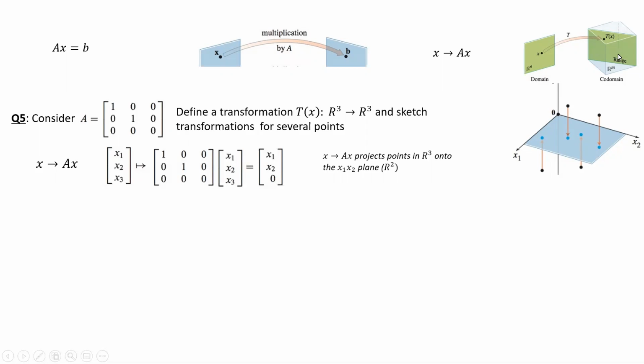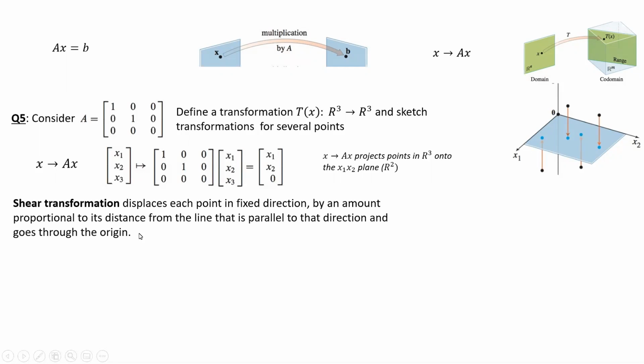And this is the case when our range, or set of all images, and our codomain are quite different. And geometrically, sketching things really helps to understand it. Okay, so that's one interesting transformation.